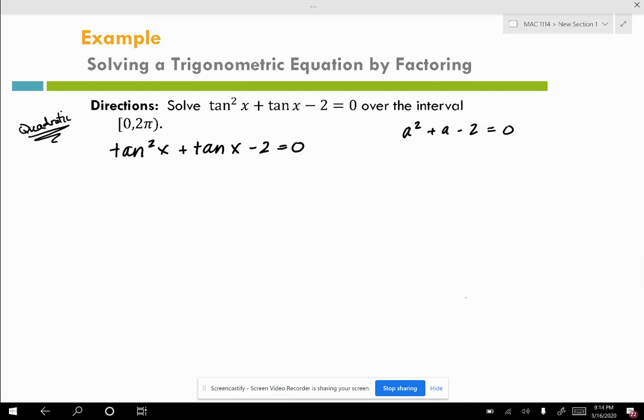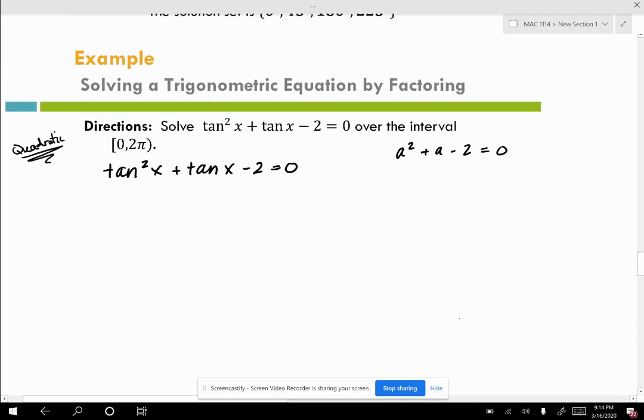So if I were to give you guys this equation over here, a squared plus a minus 2 equals 0, how would you go about solving it? So we know that it's a quadratic, so you have a bunch of methods that you could use to solve a quadratic. You could factor it, you could use quadratic formula, all of these methods that you have. So when I'm looking at this equation right now, I see that it's factorable. So it's a trinomial.